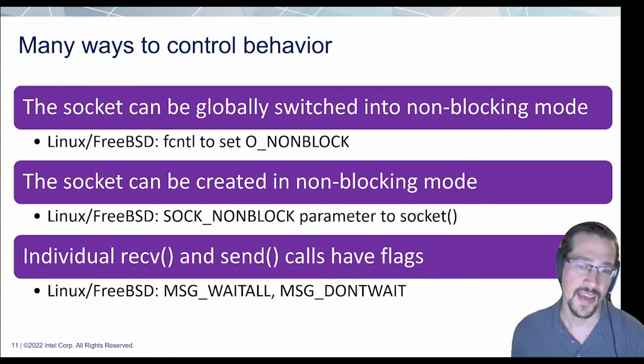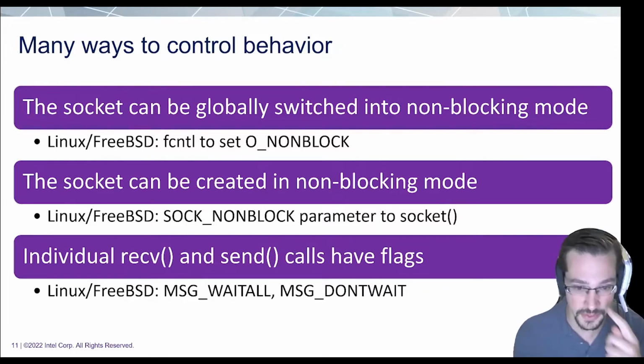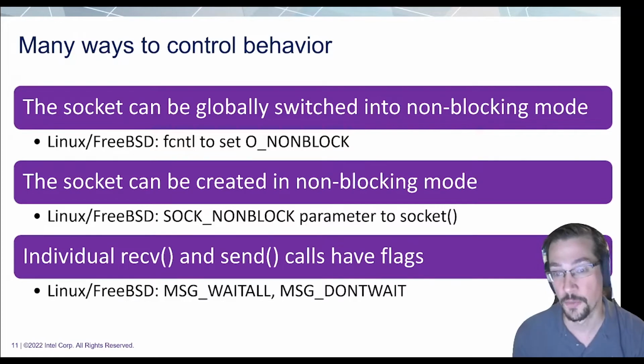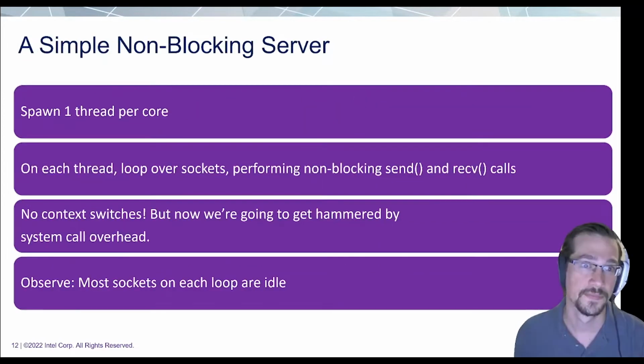And then there's actually individual flags you can pass to receive and send to control just for that one request, do it one way or the other. And this is MSG_WAITALL and MSG_DONTWAIT. So you have a lot of control over the exact behavior here, which is really, really convenient.